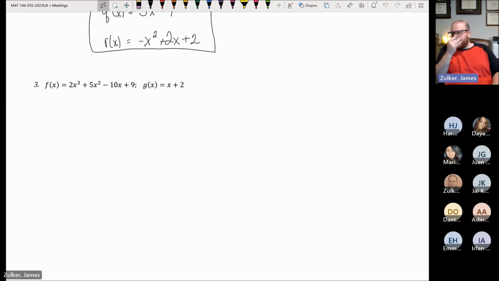If our divisor is of a specific form, there is another method we can use, and it's typically easier.